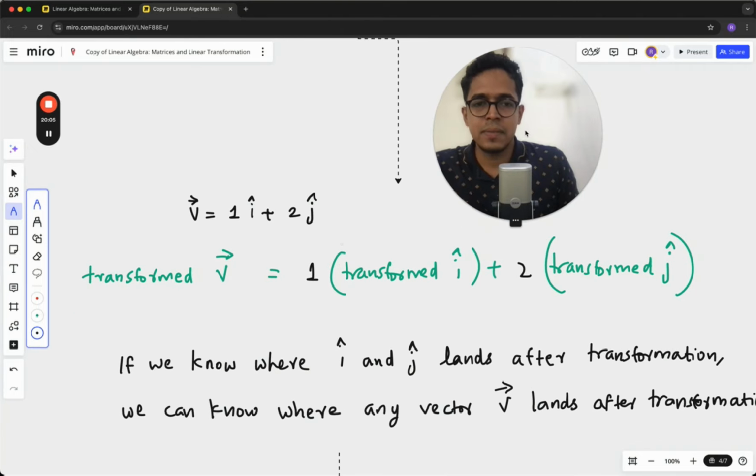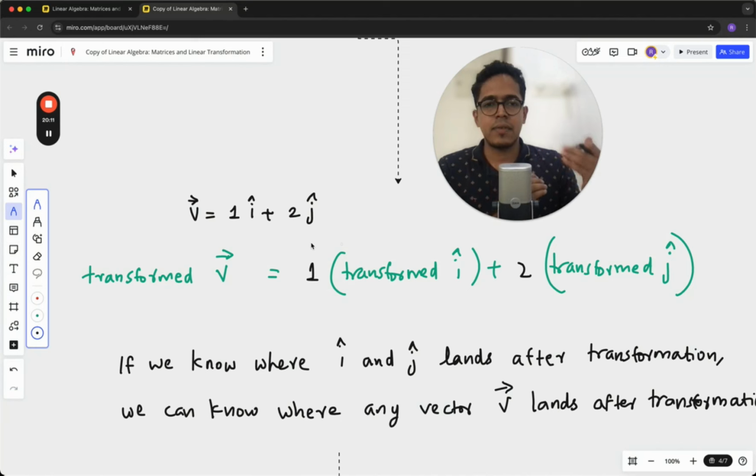But before that, let's just formally write it down. If we know where I and j land right after the transformation, then we will know where any vector v lands after transformation. So if I and j get rotated by 90 degrees, if that is the only thing that happens to the basis vectors I and j, then any vector v will also undergo this exact same transformation.